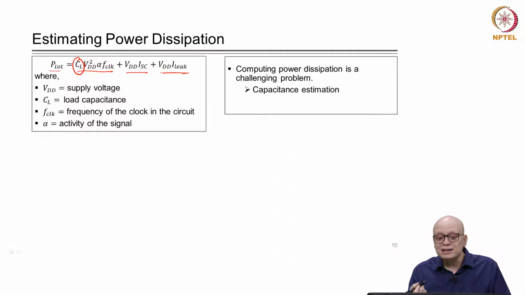So, in that case the CL values cannot be estimated accurately. Even after technology mapping, we know the pin loads, but we still do not know the interconnect capacitance. So, in that case again the CL value that we get is not very accurate.